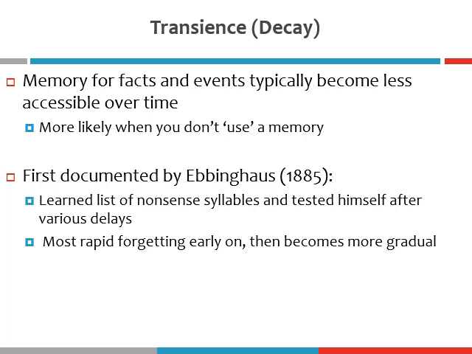And what he found when he repeated this procedure for several trials is that he had a rapid drop in savings early on, but then it became more gradual, right? So that's just an example of how we might quantifiably represent transience.